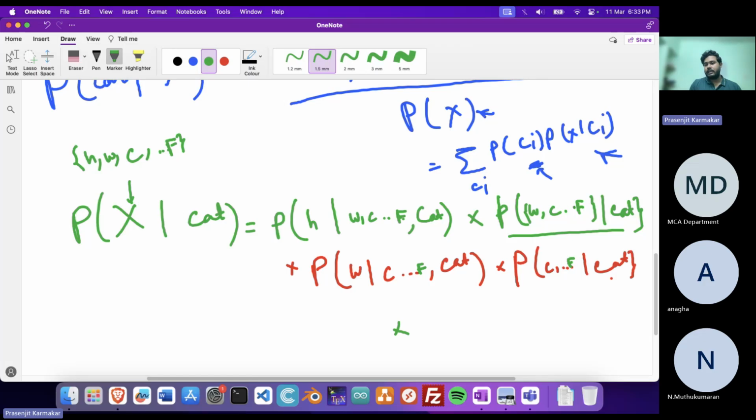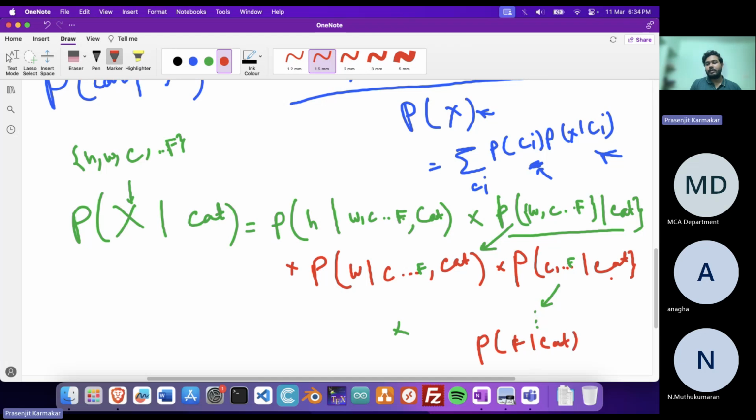So we expanded the green one here, right? So the green one gets expanded by these two. Now we just expand this one. And at the end, if I just go on and on expanding it, it will end at the probability of furry given cat.